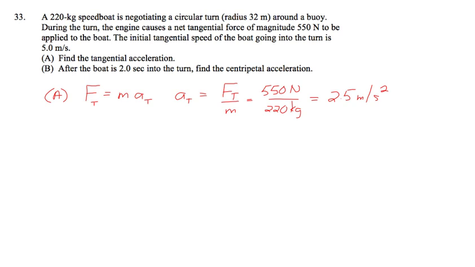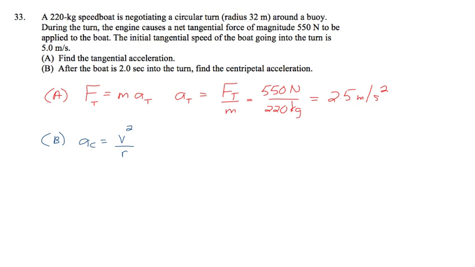Now for part B, they're asking for the centripetal acceleration 2 seconds into the turn. I've had a lot of people on the test, what they've done is they know we've got a formula for centripetal acceleration that is v squared over r. So I know that if I can get those two numbers, I'll get the centripetal acceleration. I could also use r omega squared, that's another option.